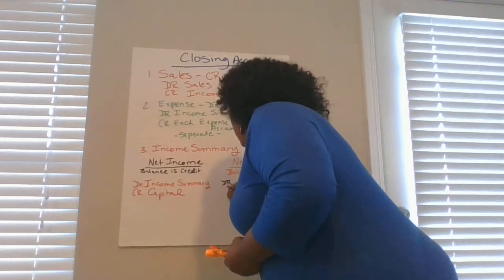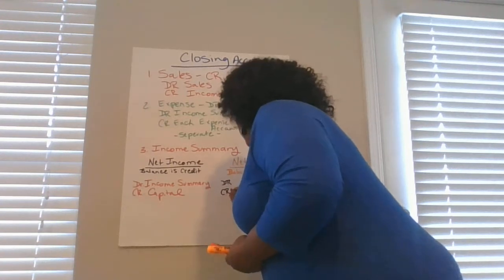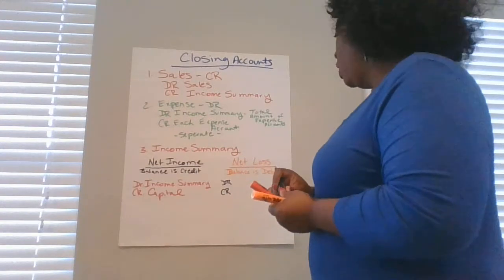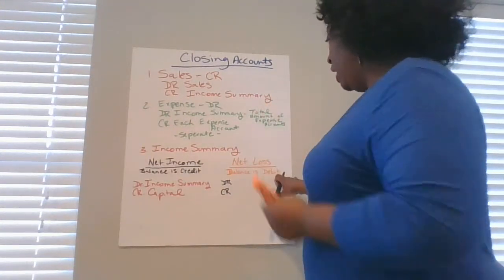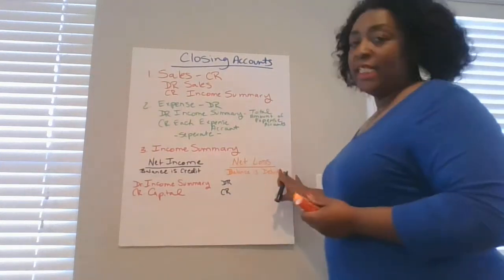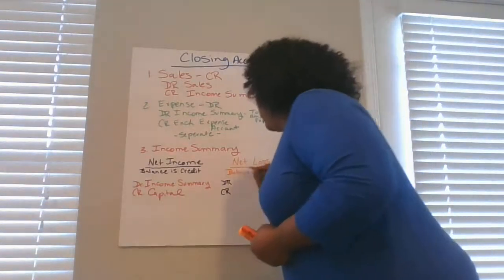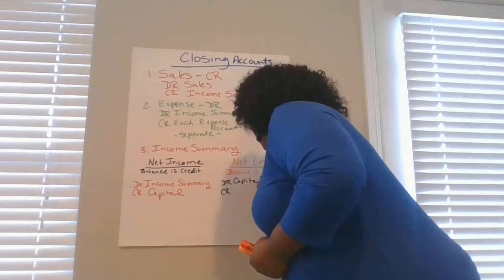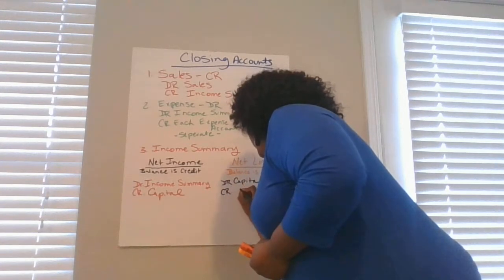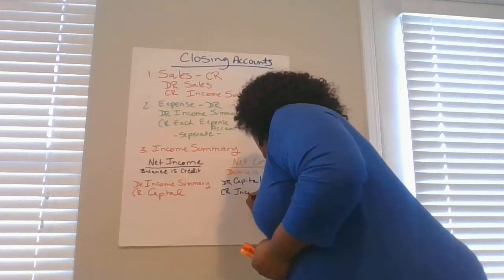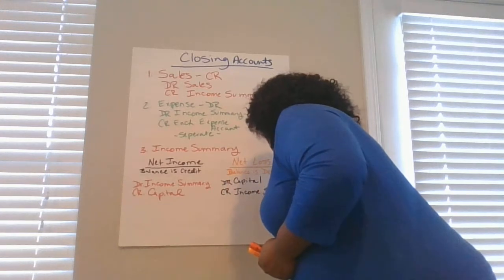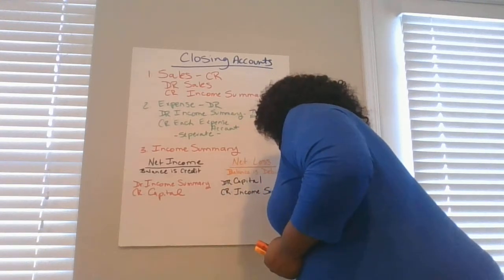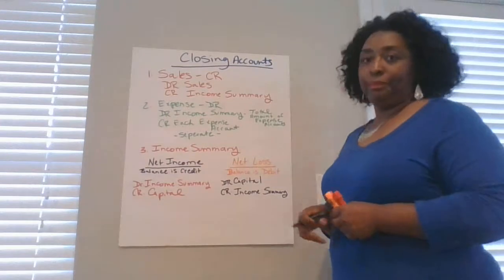We always debit first whenever we do journal entries. So to close the income summary in the case of a net loss, we would debit capital and we would credit income summary.